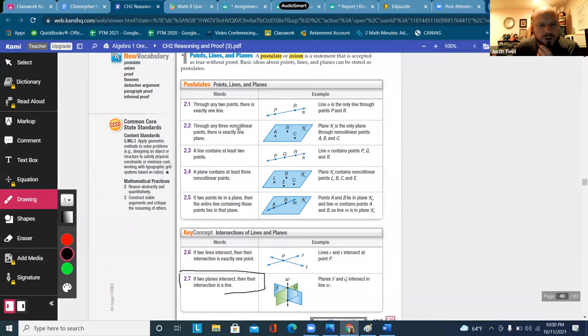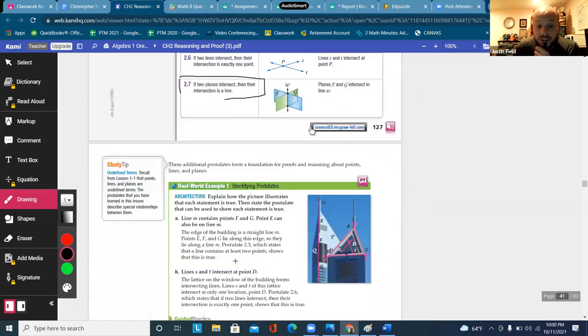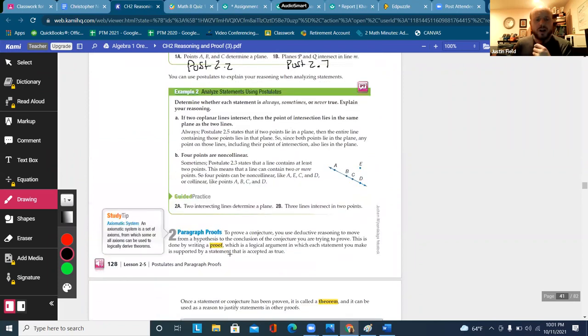Through any 2 points, through any 3 non-collinear points, a line, point, plane. If 2 lines intersect, then their intersection is 1 point. It's not a postulate. So let's draw a picture, and we will see 2 lines intersect.